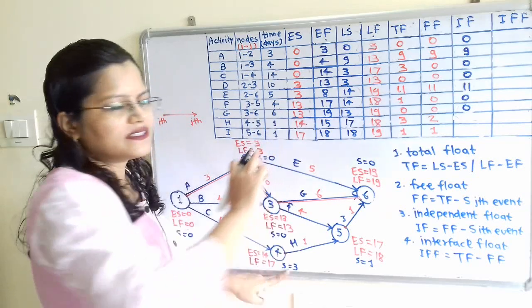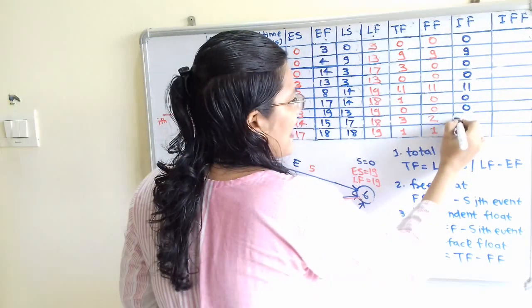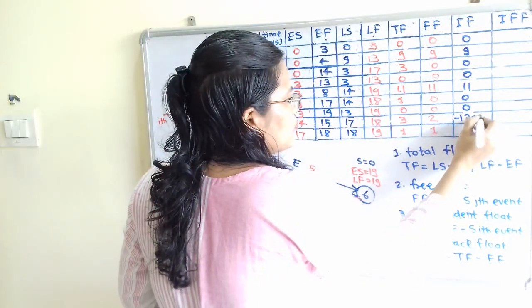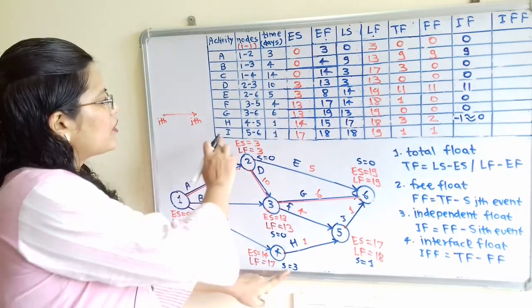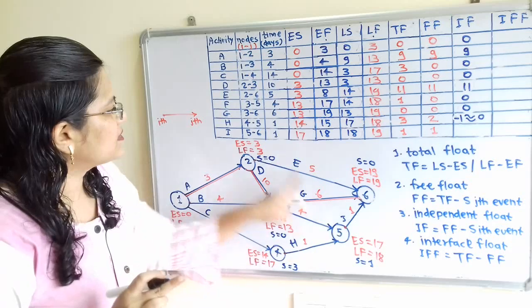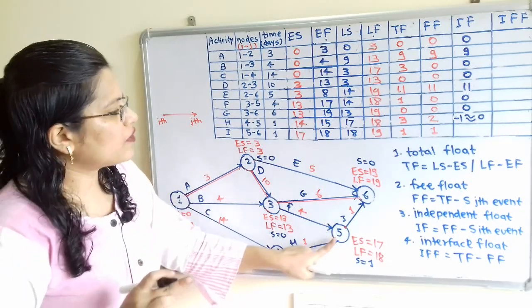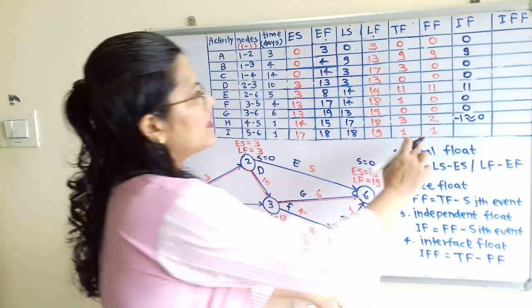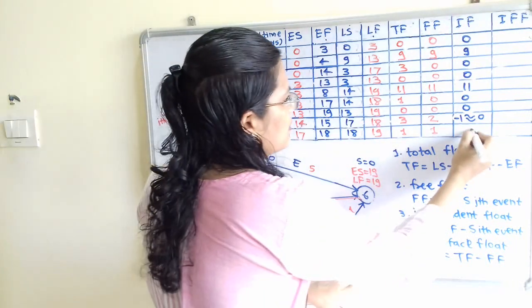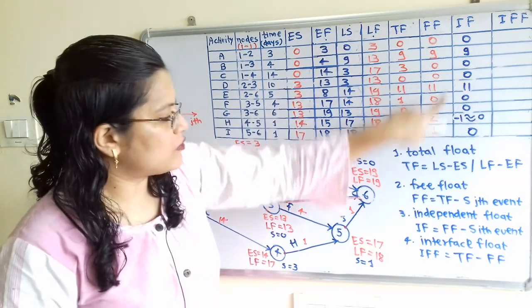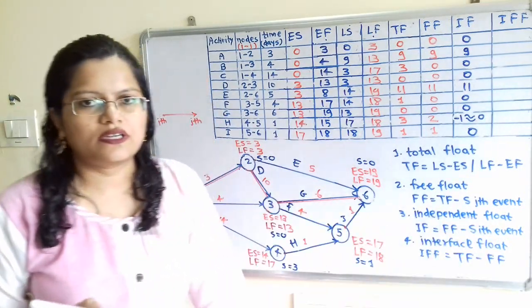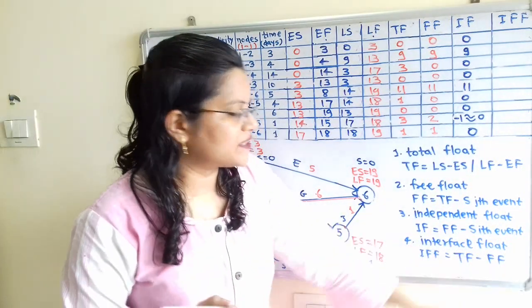So 2 minus 3, that is minus 1. But time is not negative, so this minus value we have to refer to as 0. Then for the next activity I, the ith event is 5. So for this 5 slack is 1. So here FF is 1. 1 minus 1, that is 0. So these are the values for independent float.